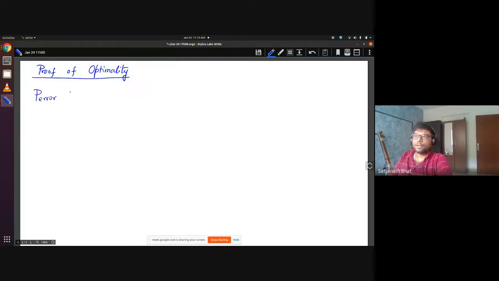What is this? This is equal to the probability that my classifier h_B of X is not agreeing with whatever is the label assigned for a given X. So Y of X itself could be random. I talked about this earlier.